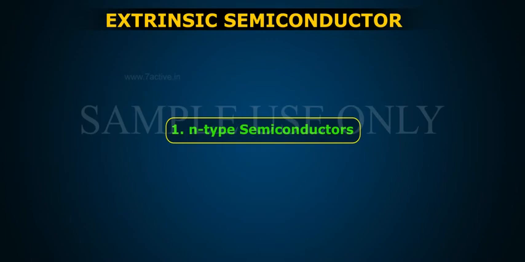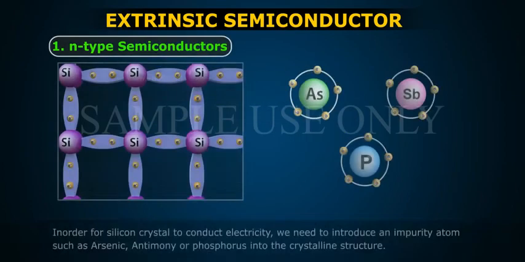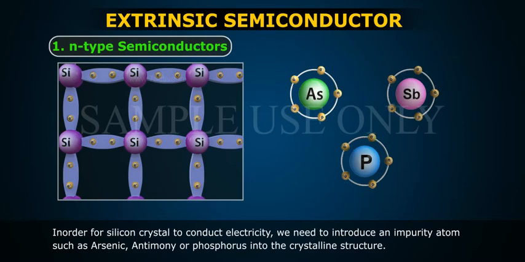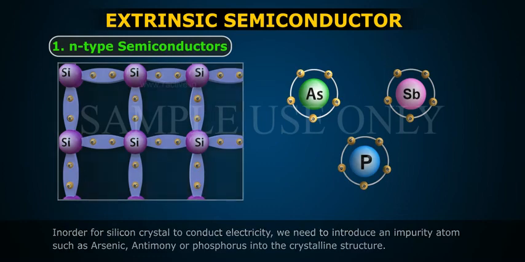N-type semiconductors. In order for a silicon crystal to conduct electricity, we need to introduce an impurity atom such as arsenic, antimony, or phosphorus into the crystalline structure.